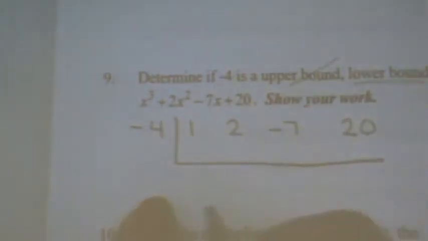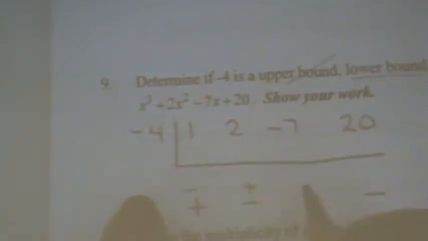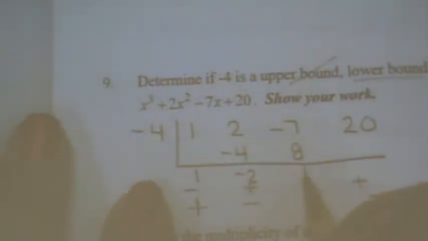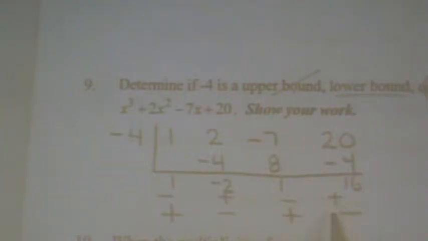If you get checkerboard, plus, minus, or minus, plus, one of these two, then it would be a lower bound. But what happens here when you bring down the 1 and multiply and add, and multiply and add, you get, these two are positive, so it's neither. It can't be an upper bound because it's a negative number. And it's not lower because of these two are both positives. These are both positive numbers, 1 and 16.